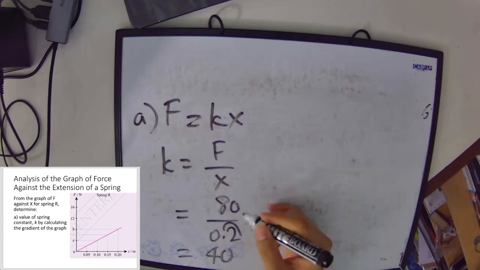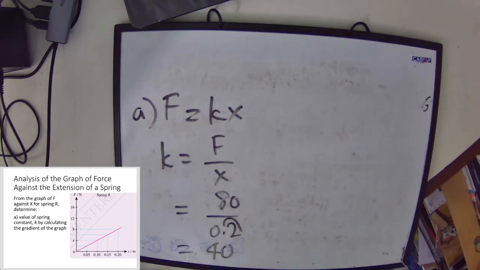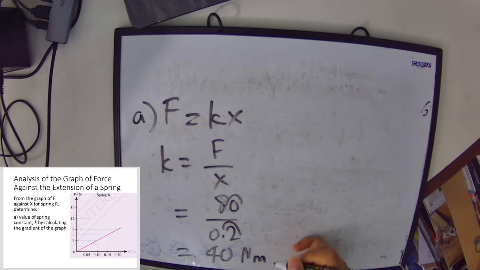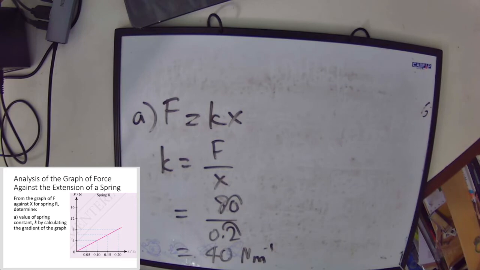Wait, no, that can't be right. Oh yeah, that's right. 40. So 40 newtons per meter. In other words, it would take 40 newtons to extend the spring by 1 meter. Alright, let's go ahead to question B.